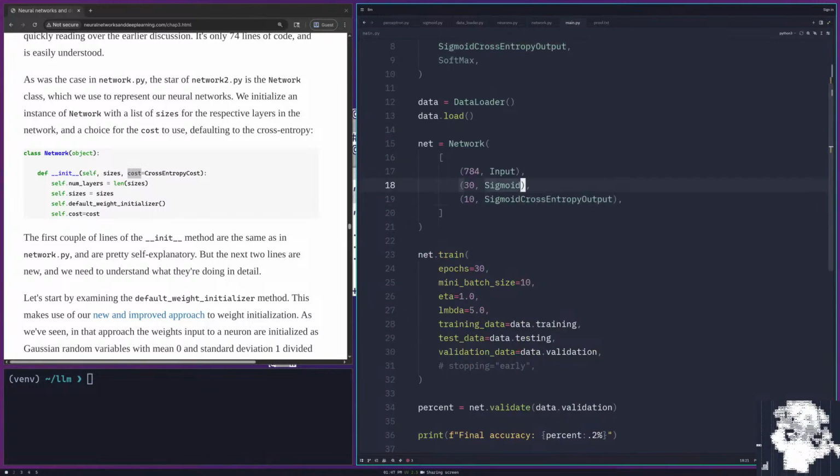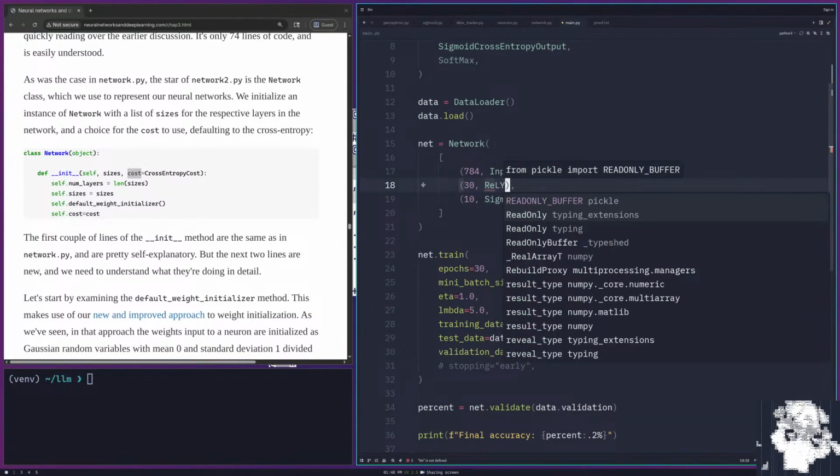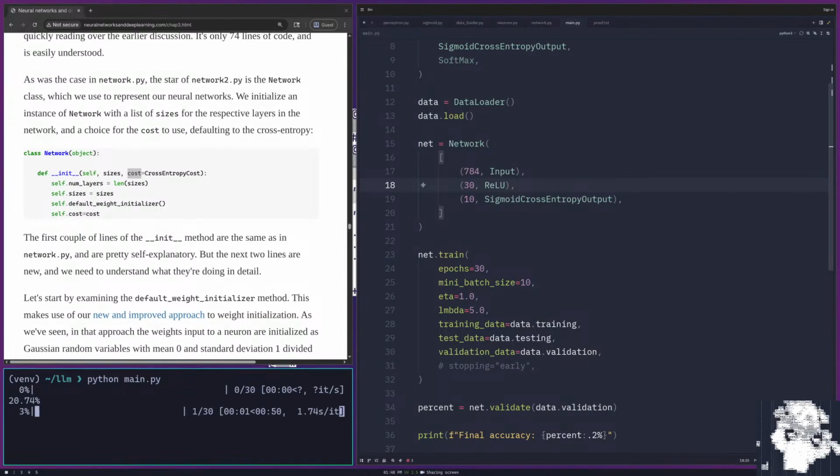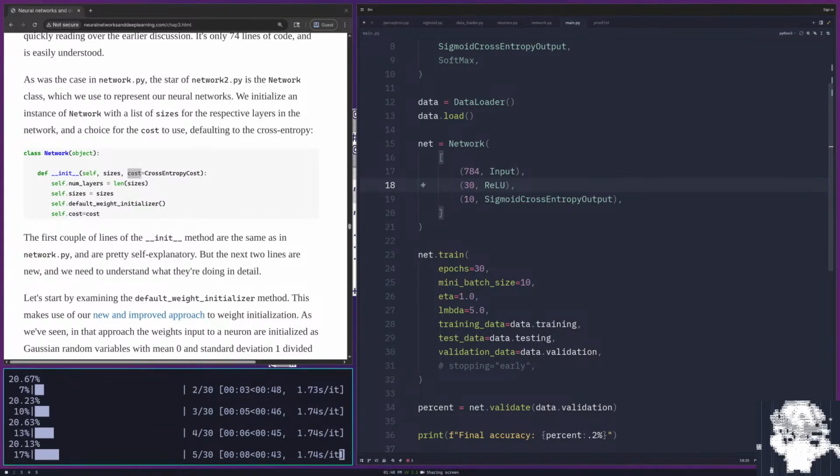Something I wanted to try actually is I had a theory that ReLUs were giving me overflows because my weights were being initialized too large. So now that we've scaled down the weight initialization, does ReLU work? Well, we're not getting overflow errors anymore, but we're still not learning.